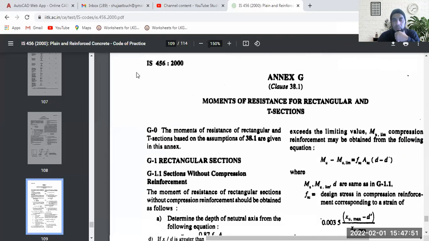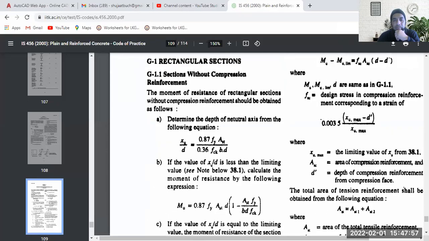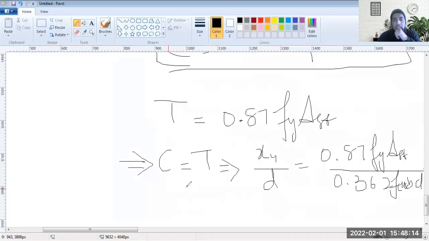So you go to IS 456, this is Annexure G, page number 96. There you will find this. XU by D is 0.87 Fy AST by 0.362 exact, FCK into B D. So this is your XU by D that you are also getting in the IS code.